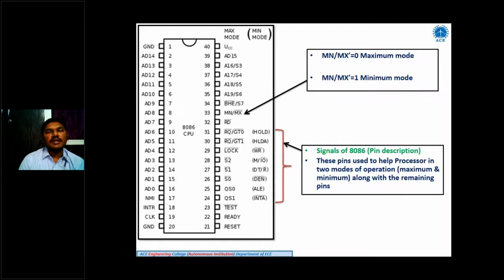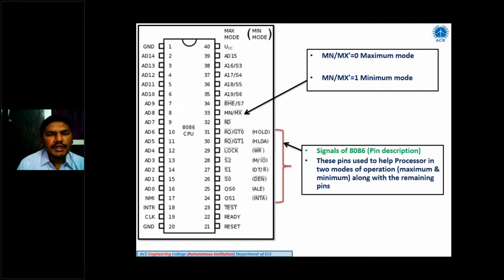a 40 pin IC. Mainly, this 8086 processor can operate as a single processor, or it can take the help of other processors to give more and more functions. That's why pin number 33 is known as the mode of operation pin, MN by MX bar.